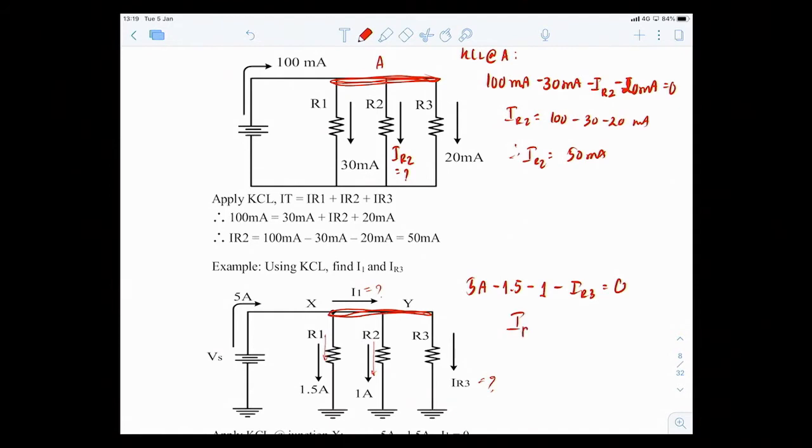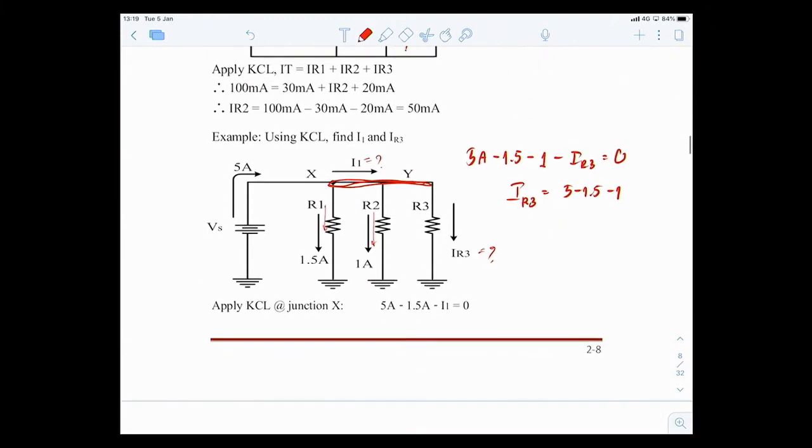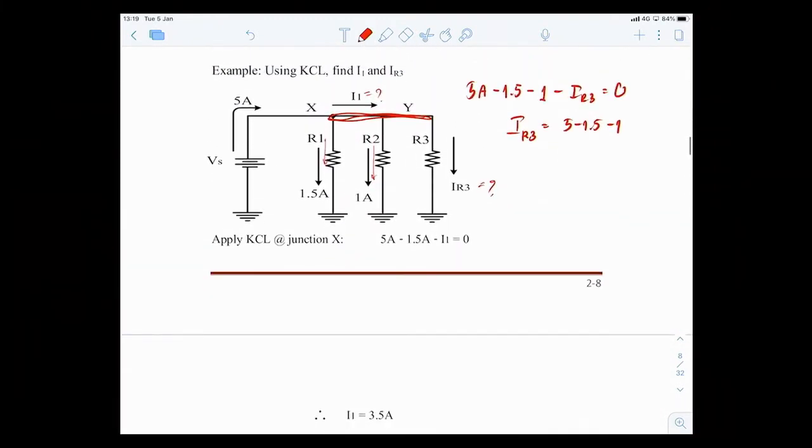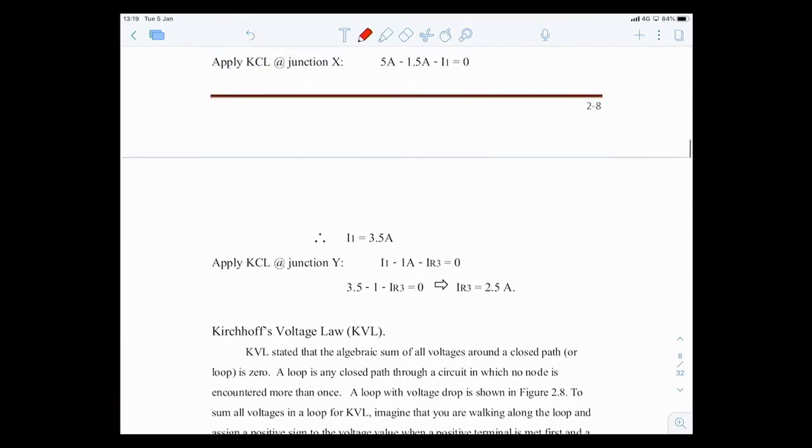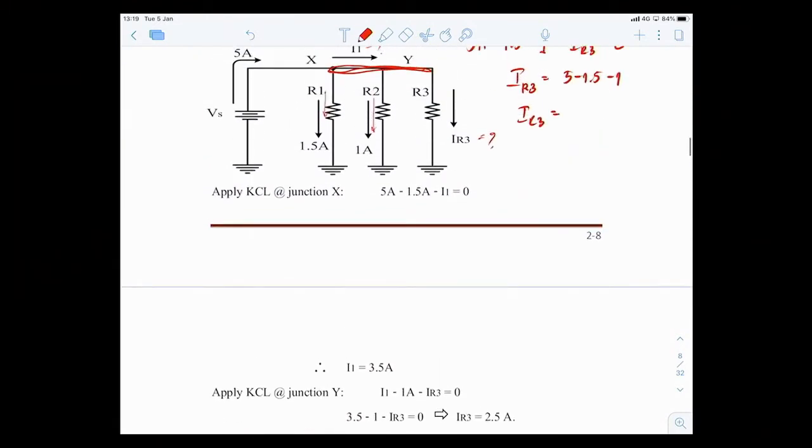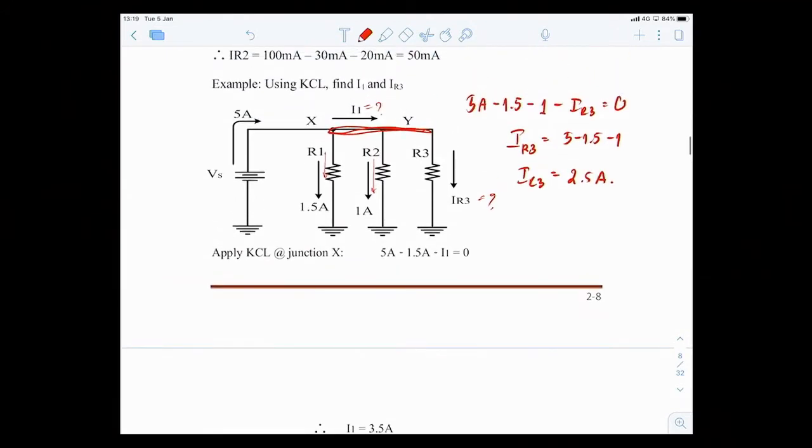Therefore, you get IR3 equal to 5 minus 1.5 minus 1. So your IR3 is 2.5 amps.